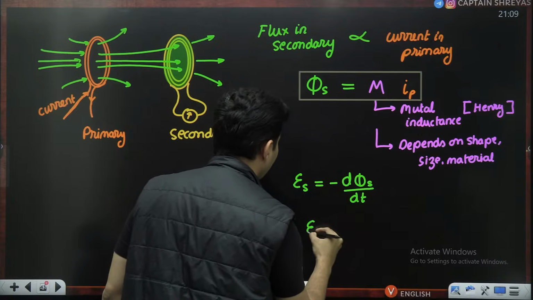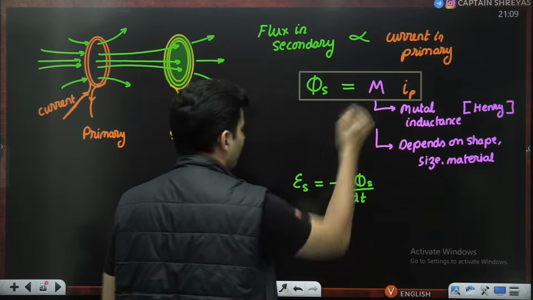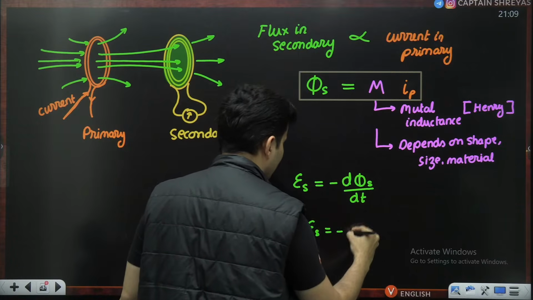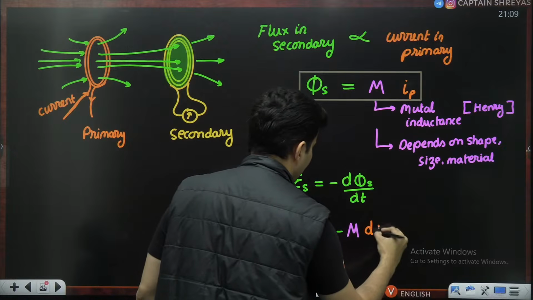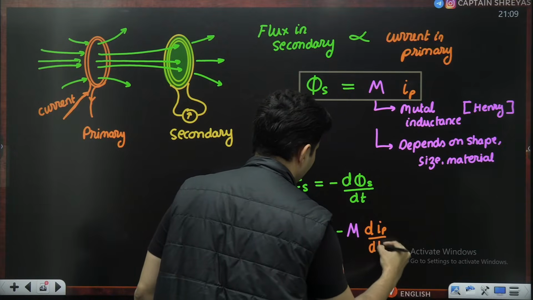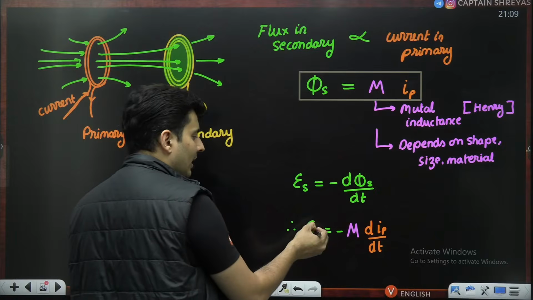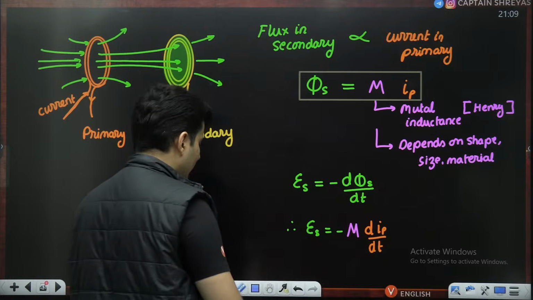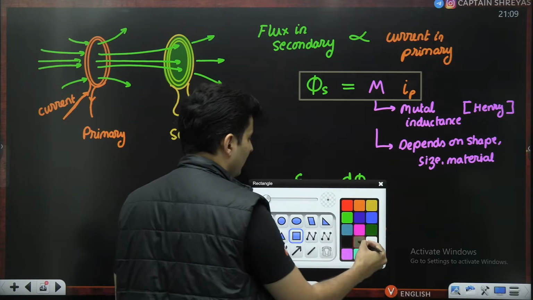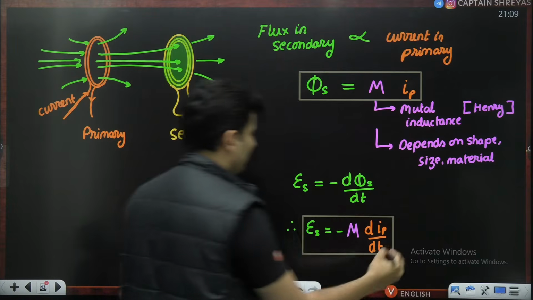So that will be negative, M will come as it is, and I will be just left with the derivative of the primary current. So the EMF in the other coil is directly related to the current changes in the primary coil. Two different coils, that's why the term mutual inductance.